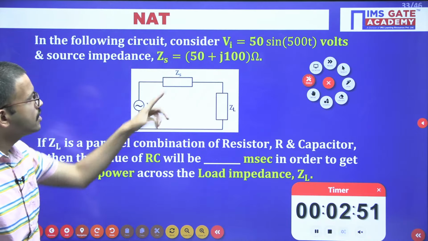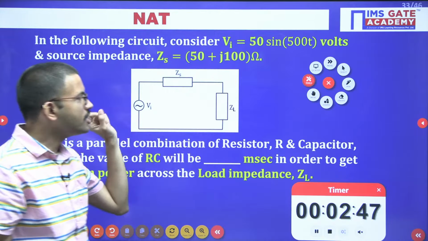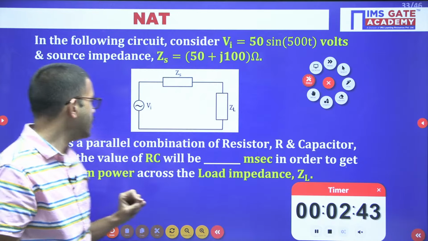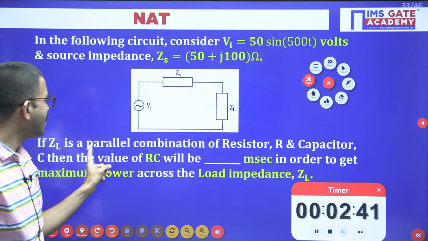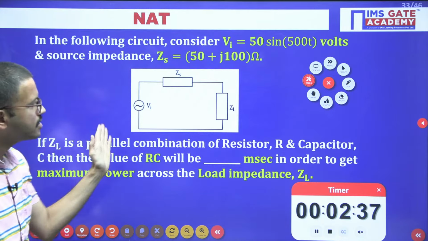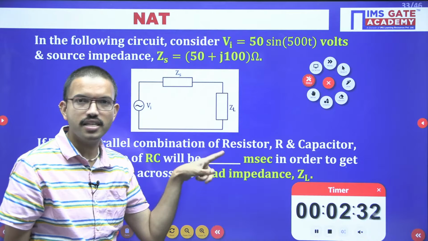In this question, they have given the supply voltage, they have given the source impedance. Now the beauty of this question, regarding ZL, you are having the parallel combination of R and C. Resistor is there, capacitor is there, both are in parallel. That combination is nothing but ZL.